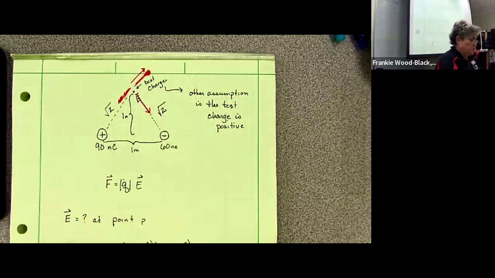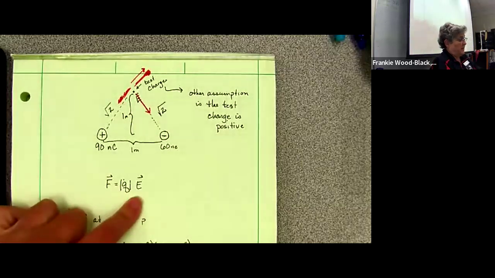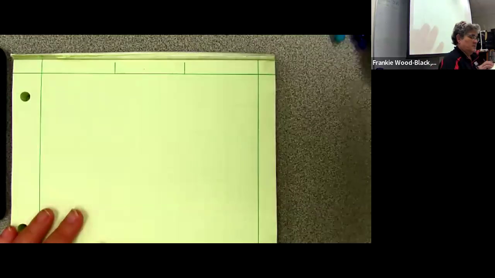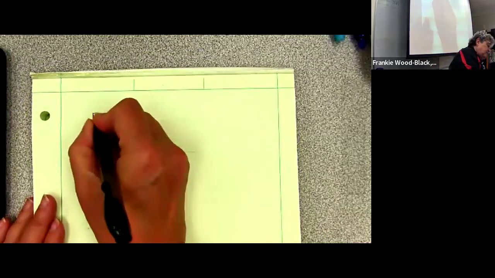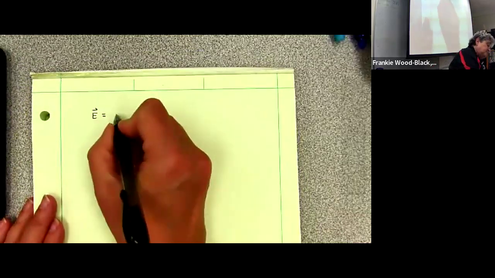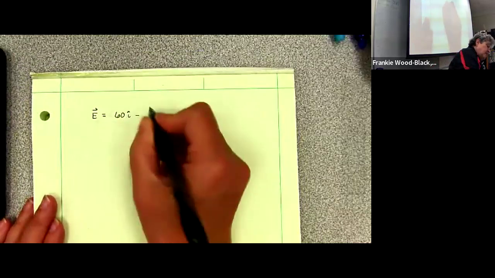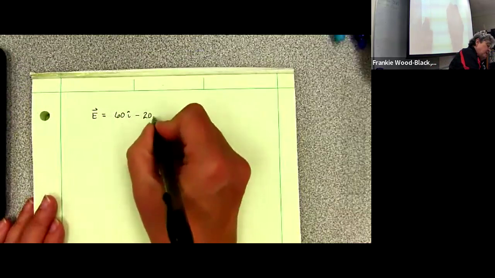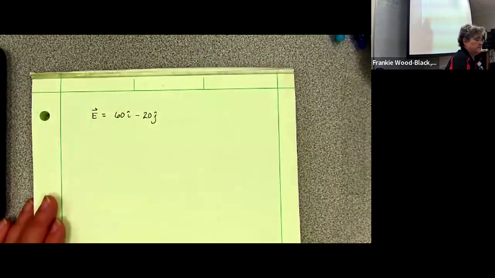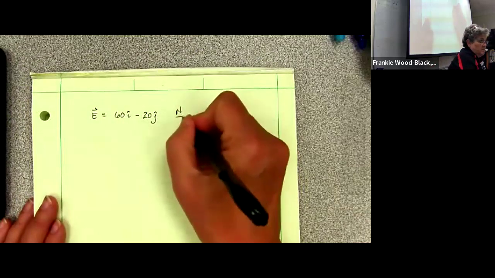So these problems work the same, but once I get my electric field, don't be fooled. Somebody might give you that my electric field can be represented by 60 i minus 20 j newtons per coulomb.